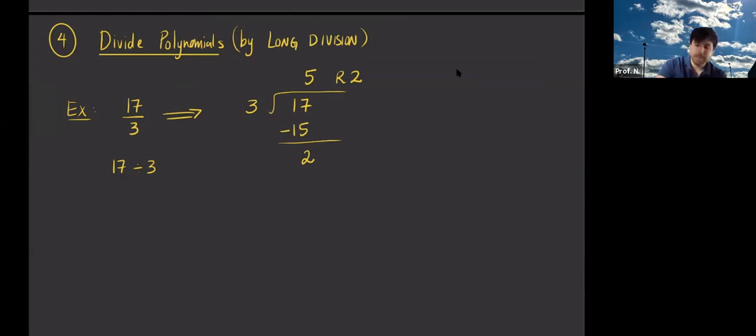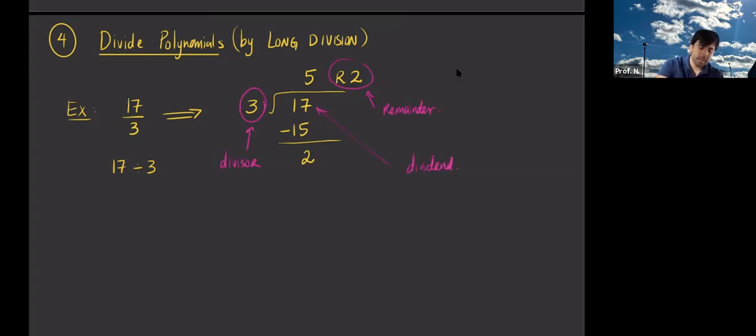So let's put some terminology to this. 2 represents the remainder. 3 represents the divisor. 17 represents the dividend.